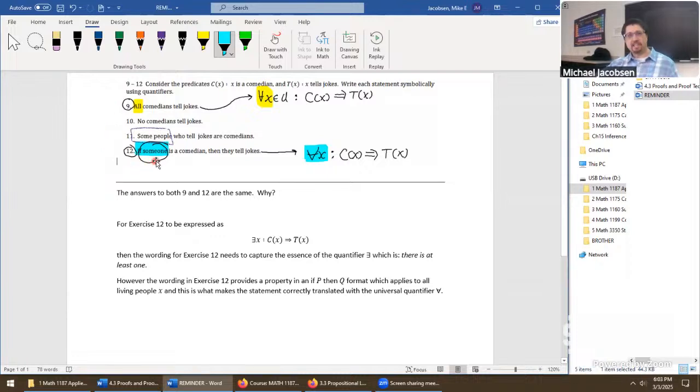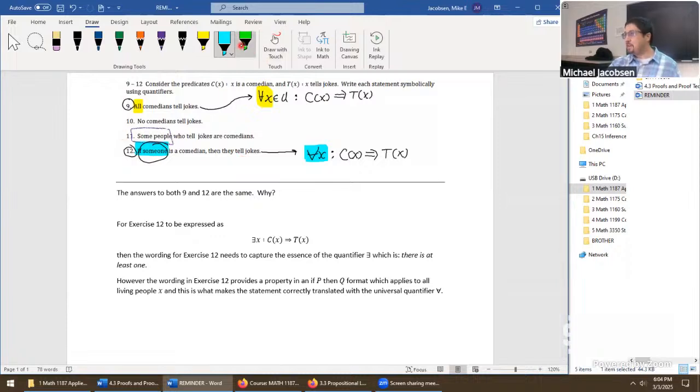One way to think about it, which I didn't come up with at the end of Wednesday's class, is that when it says if someone, we're not talking about at least one person, we're talking about everyone. We just frame it with a conditional if in front of it. Because we're talking generically about anybody amongst the set of all living people satisfying this condition, it's once again a for all.